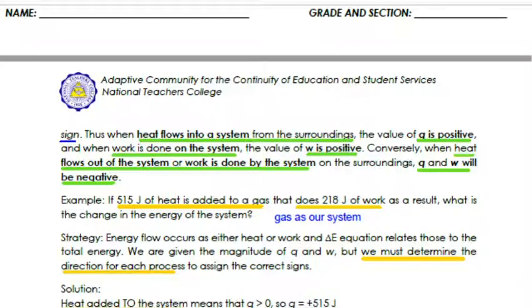Substituting the signs of Q and W, we now have 515 joules plus negative 218 joules is equal to positive 297. Take note of the sign of the work.